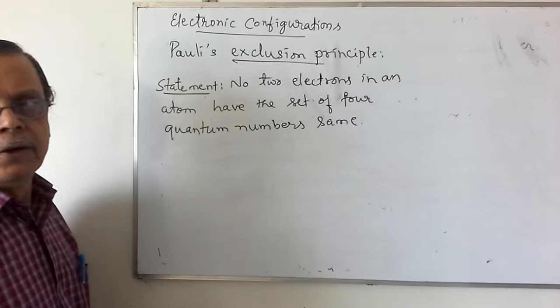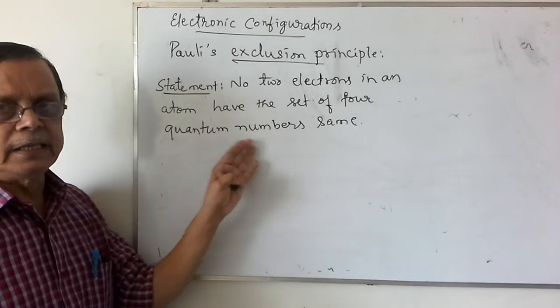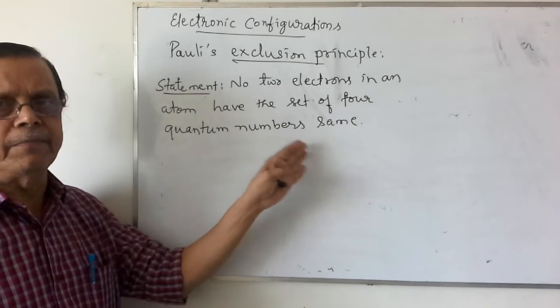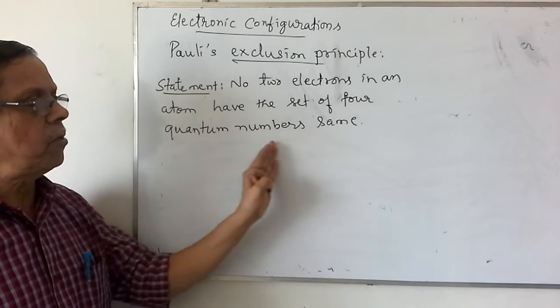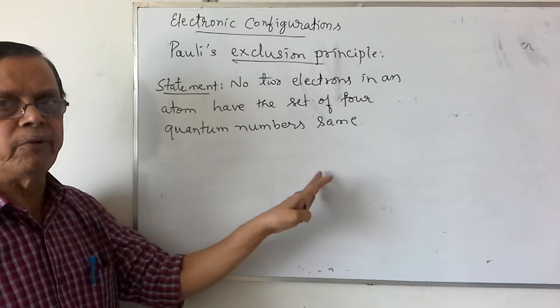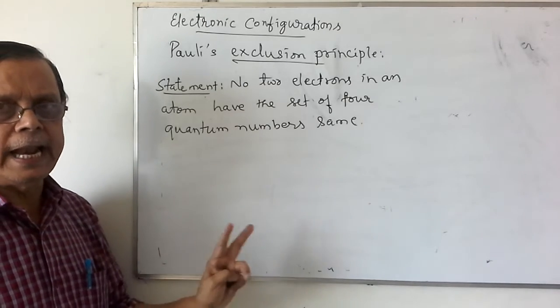That means when we have these quantum numbers n, l, m and s, all 4 quantum numbers should not have the same values for 2 electrons in an atom.